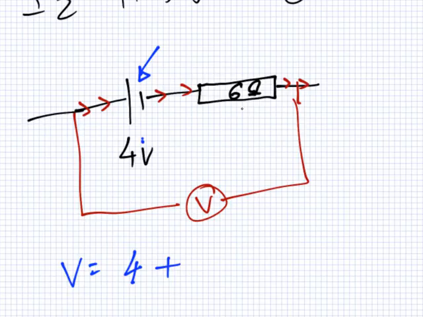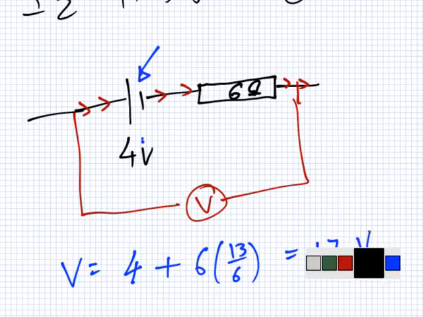V equals IR. So that'll be 6 times I1. What did we say the I1 was? 13 over 6. So then that's just 13 plus 4. 17 volts is the answer. So you don't have to take into consideration the other part, just that one line. They're just looking at from B to A.